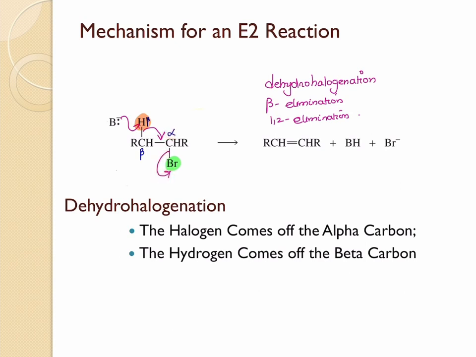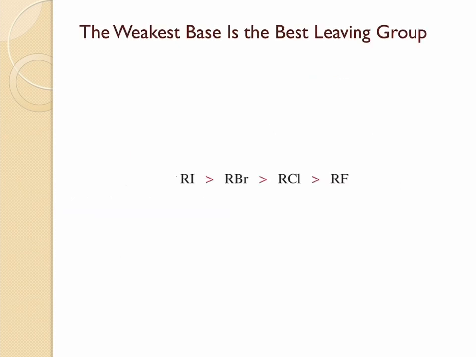And the hydrogen is going to come off from the beta carbon. Okay. Here again, the weakest base is the best leaving group because we want the halogen to leave from the substrate, leave from the alkyl halide. So therefore, the alkyl iodides are more reactive in an E2 elimination reaction compared to alkyl bromides, chlorides, and fluorides.